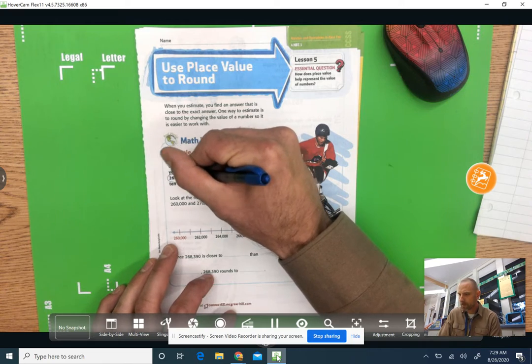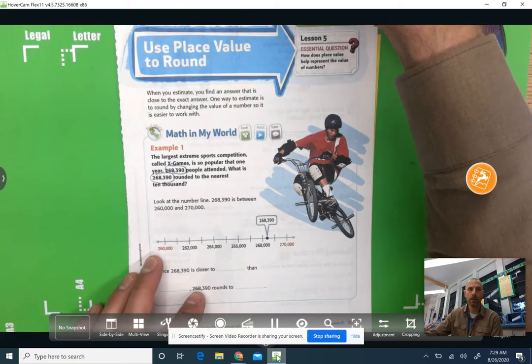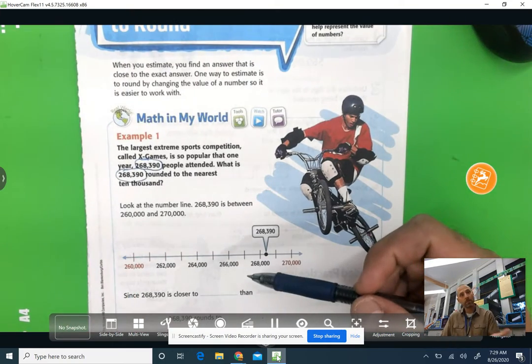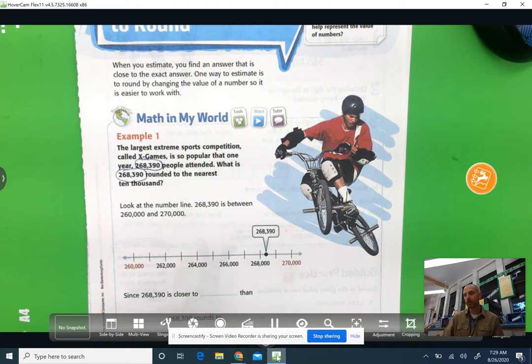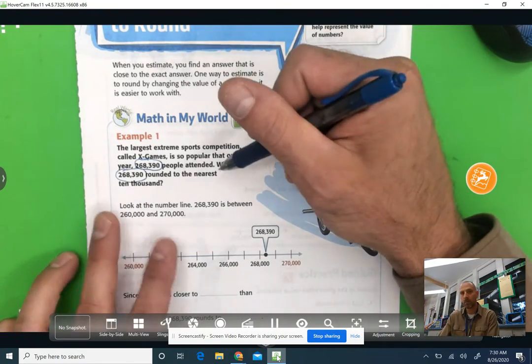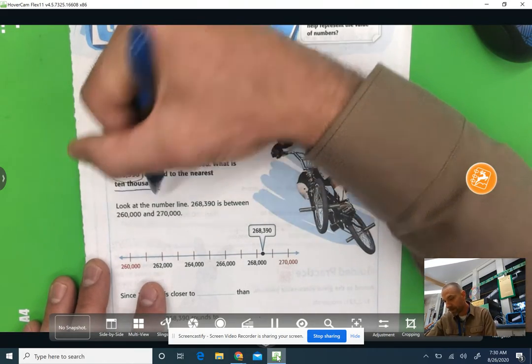Okay, so we're going to be working with numbers that are in the hundred thousands place, maybe the millions place. But we're going to be rounding to the tens place still. We're still going to be rounding to the hundreds, still going to be rounding to the thousands, and we're going to be adding on rounding to the nearest 10,000.